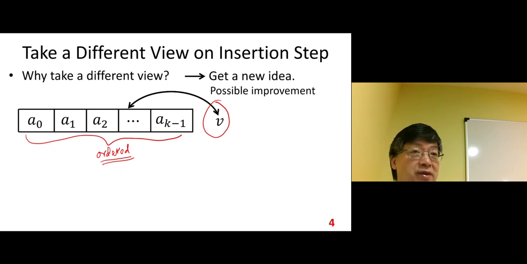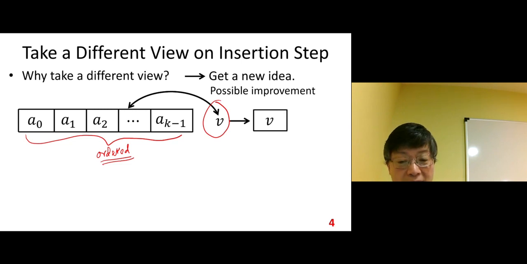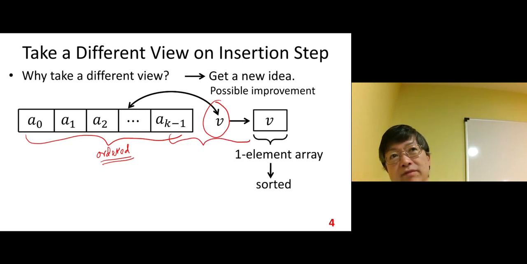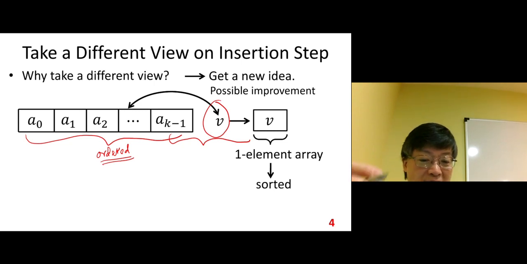It's a single element, but we can treat it as a special case of an array: a one-element array, and it is sorted. So if we use the view of two ordered arrays, we have that pattern, that requirement.